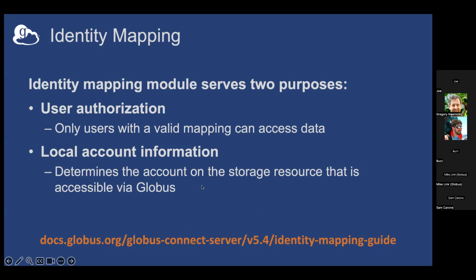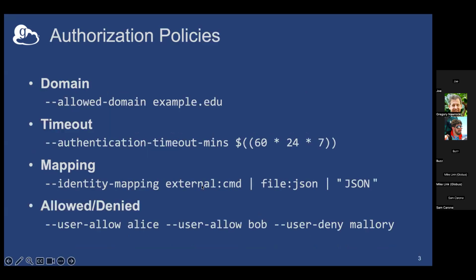So there are four main policies that govern the mapping process and the authorization process, to go from the login that the user does at the web page to accessing the data storage. The first is the domains, which is a list of allowed domains that must be asserted by an identity provider that the user logs in with.